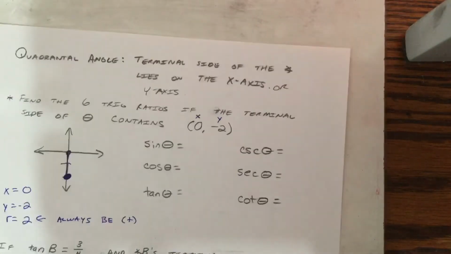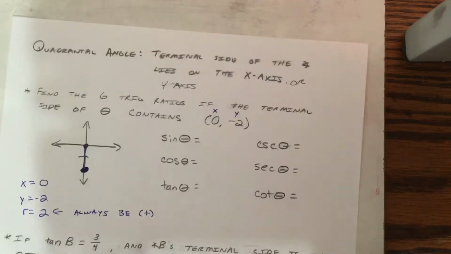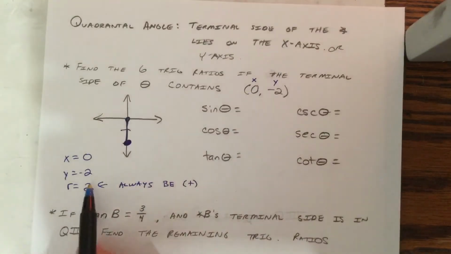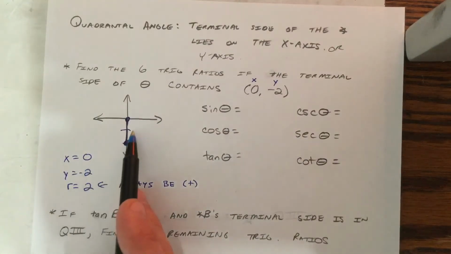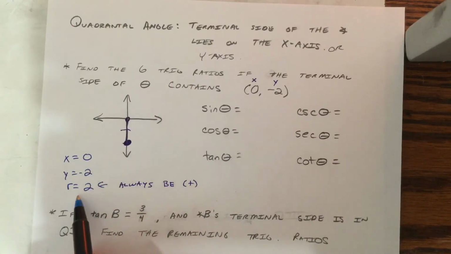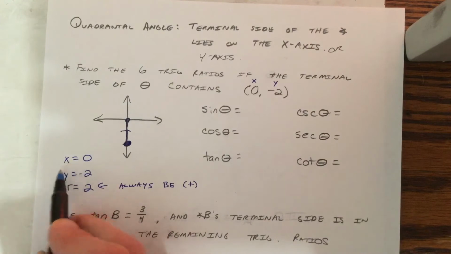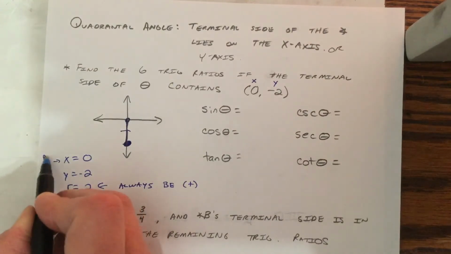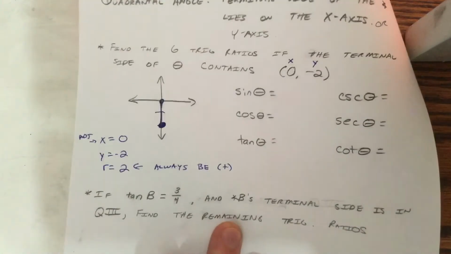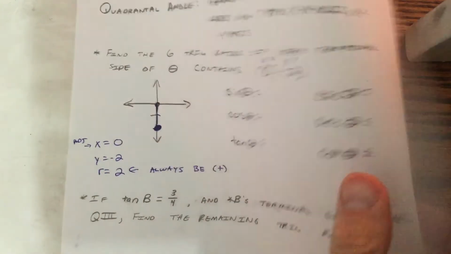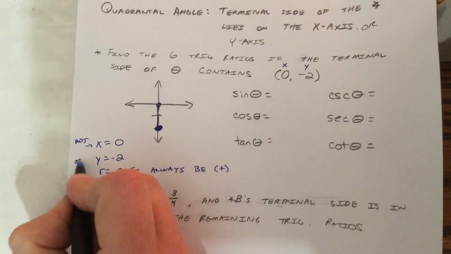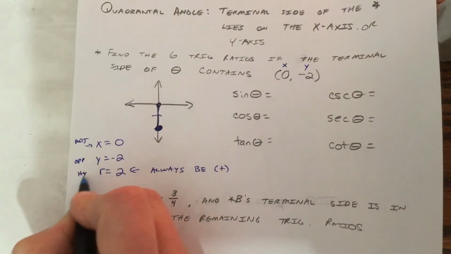It's the same thing, and you can still use opposite, adjacent, hypotenuse to do that, but this makes it more applicable for this type of problem here, where it's kind of hard to see what the opposite and adjacent hypotenuse would be. So remember, x is synonymous with the adjacent side, all right? Y is synonymous with the opposite side, and then this is the hypotenuse.